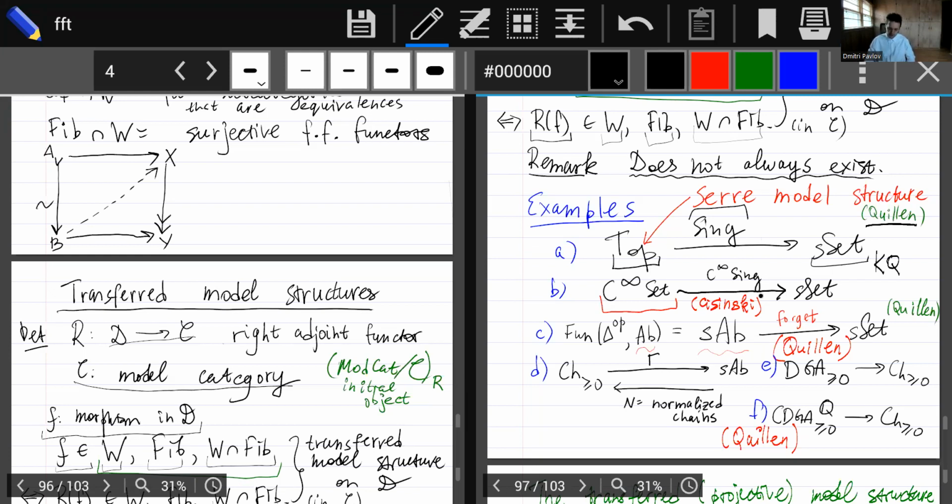So both of these functors will induce weak equivalences of the underlying relative categories. So smooth sets are a model for homotopy types. In particular, they're also equivalent to topological spaces.